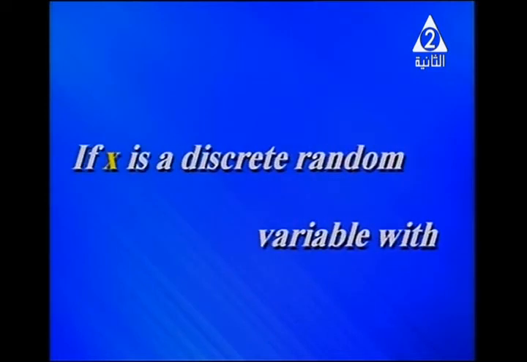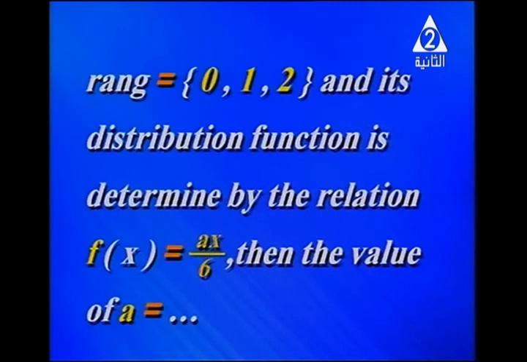The last example is normal, but in this example, it is a discrete random variable. X is a discrete random variable with range set 0, 1, 2, and its distribution function is determined by the relation f of x equals ax over 6. Then what is the value of a?